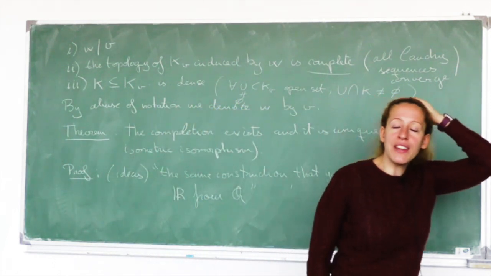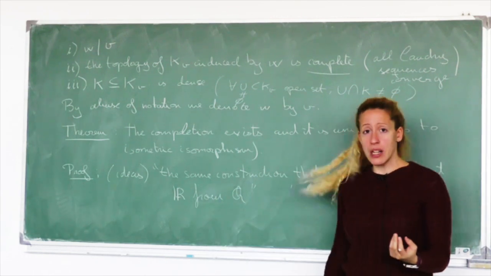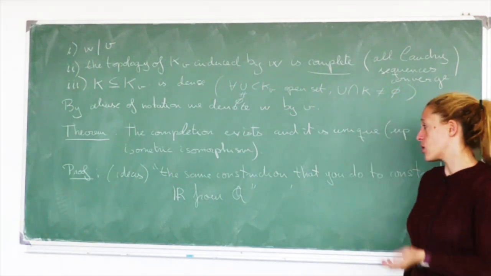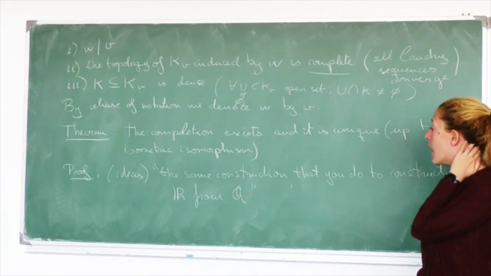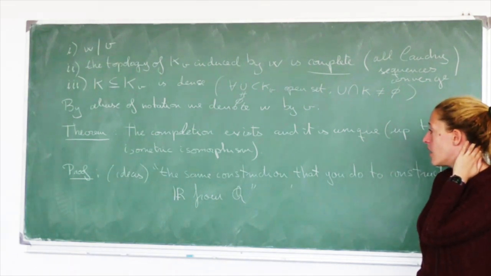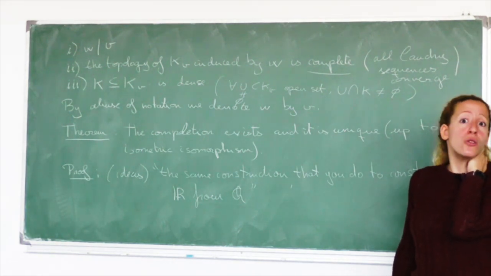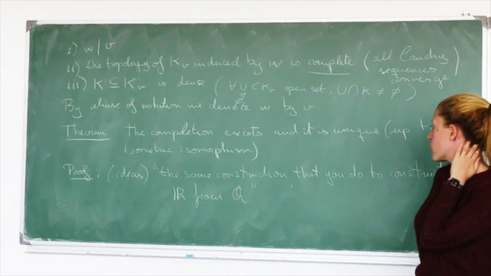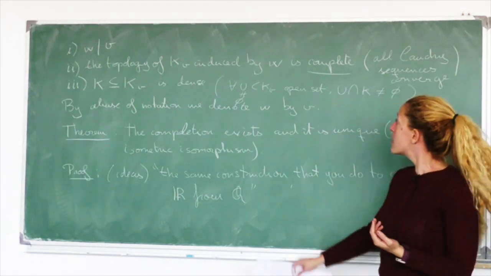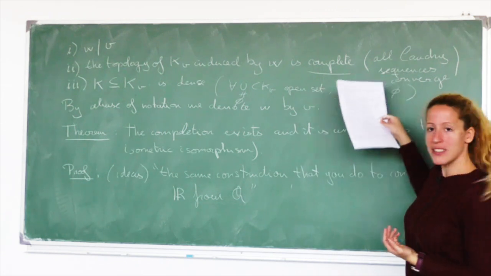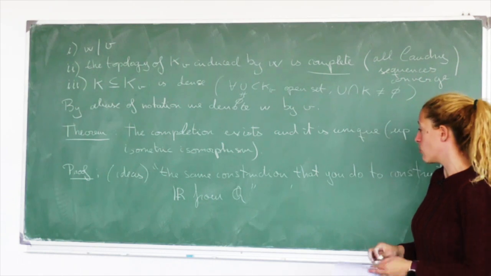There are different ways of constructing the reals from the rationals. Again, I guess this is something that you have seen in a first year course of analysis. But the most intuitive way of constructing the reals starting from the rationals is considering Cauchy sequences, and then you look at the completion. What do you do?